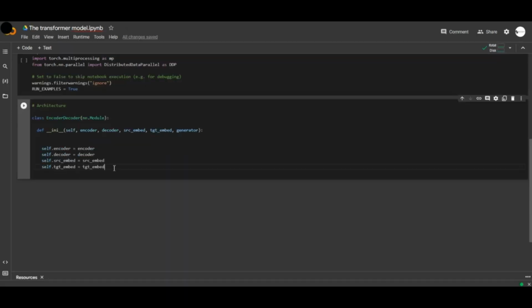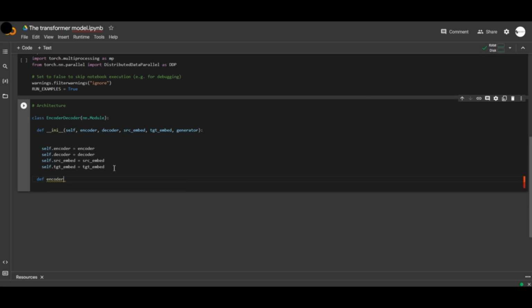Yep. So now we take a closer look at the encoder. The encoder is going to take in the self, the source and the source mask. The purpose here is that the encoder is responsible for encoding the input sequence into a fixed representation, and we can think of that fixed representation as a context, right?